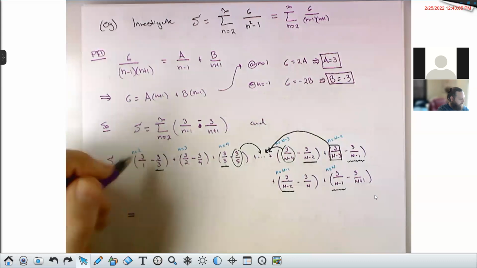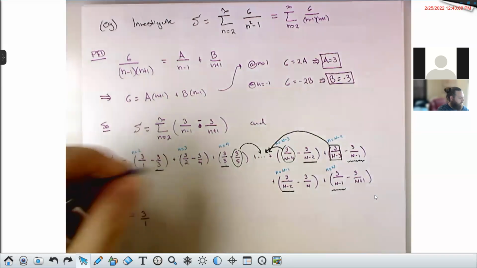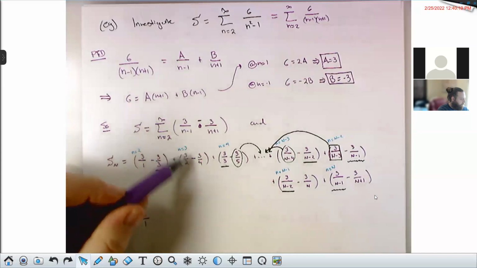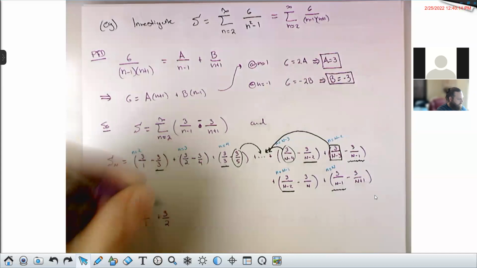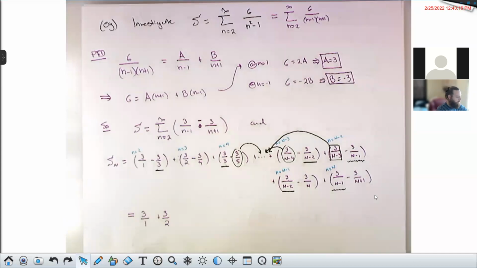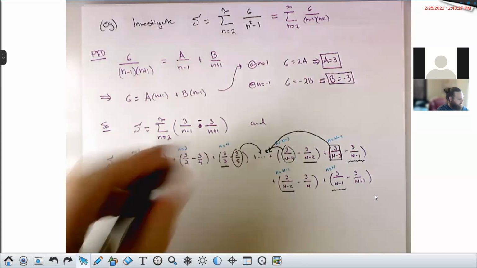When we simplify, I have left 3 over 1, which is 3. I'll write it as 3 over 1, plus 3 over 2. Oh, I didn't write it. So what about this 3 over 4? Does he live or die? Well, what is the very next term in here? It would be plus 3/4 minus 3/6.